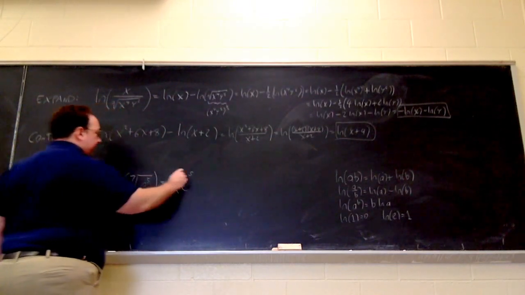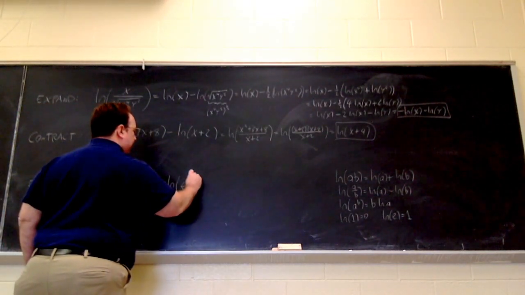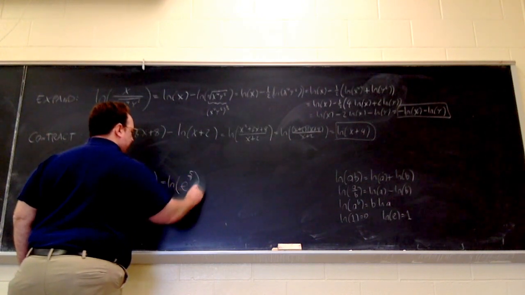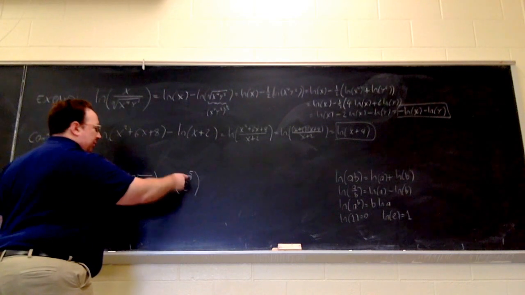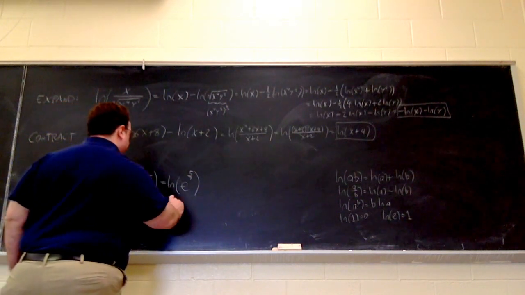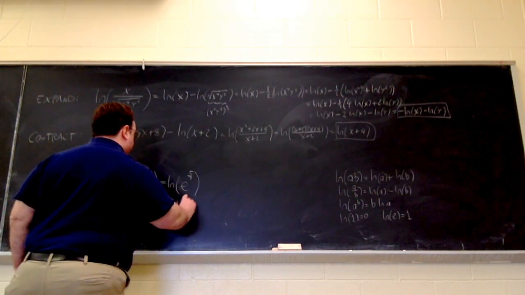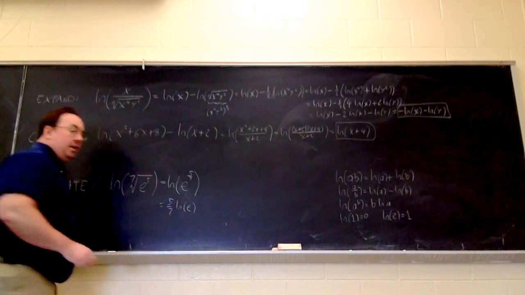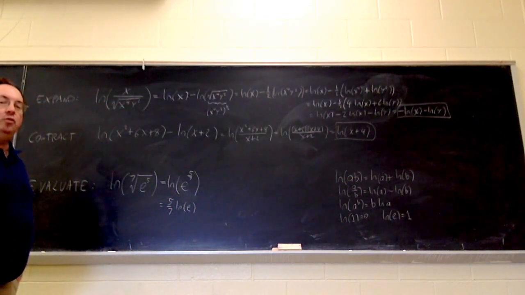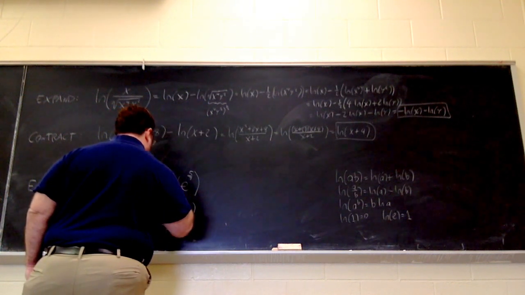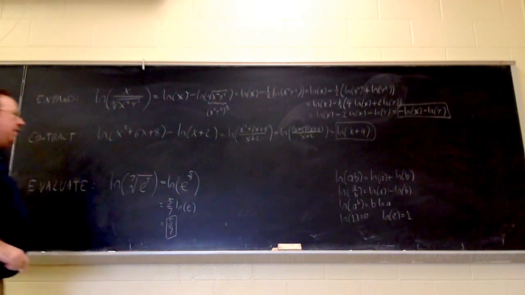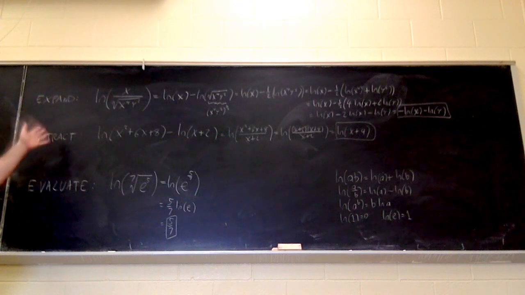The power underneath, that goes in the numerator. So e to the 5/7. And now we can use the third property. We can take this exponent and pull it down. So that's 5/7 natural log of e. But the natural log of e is 1, so we're left with just 5/7. So we see how to use these properties literally backwards and forwards.